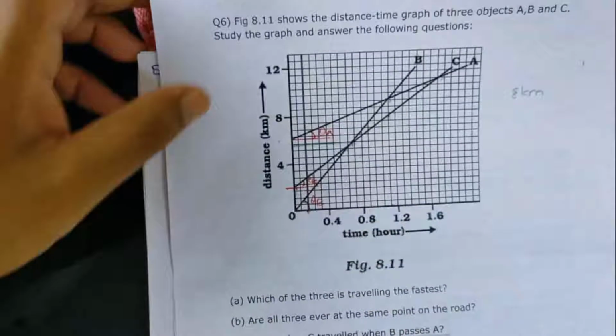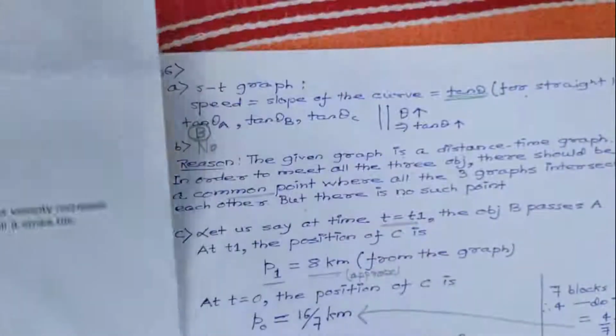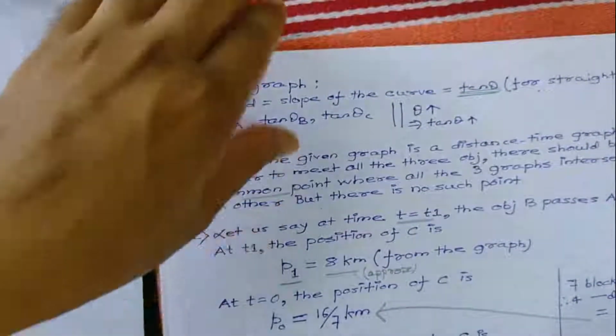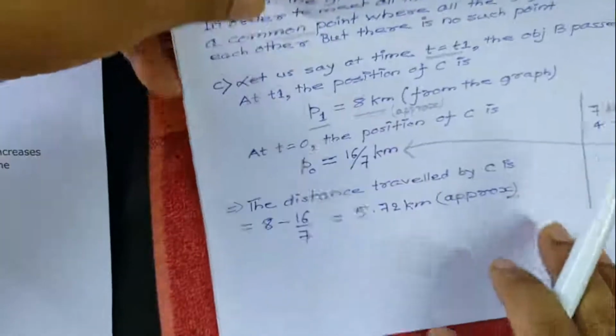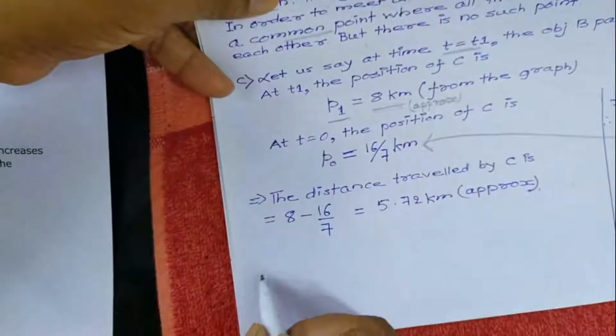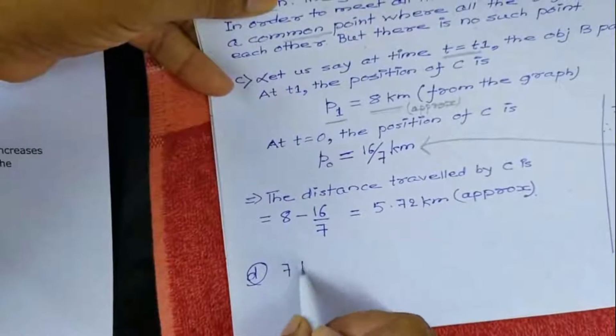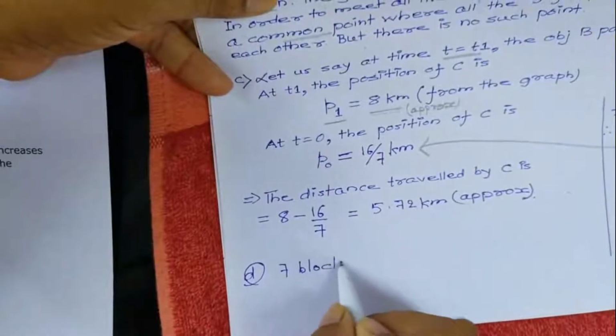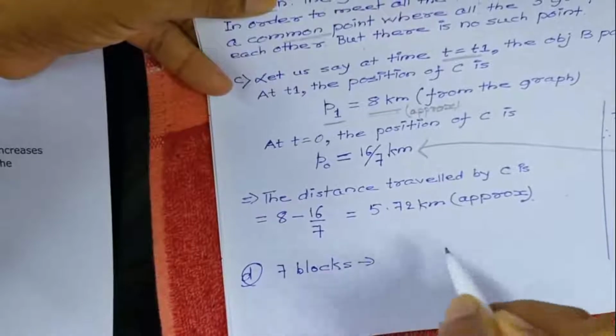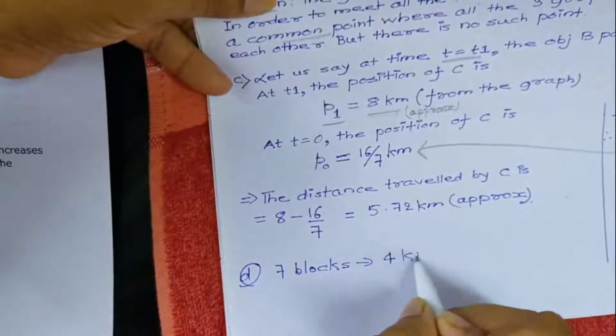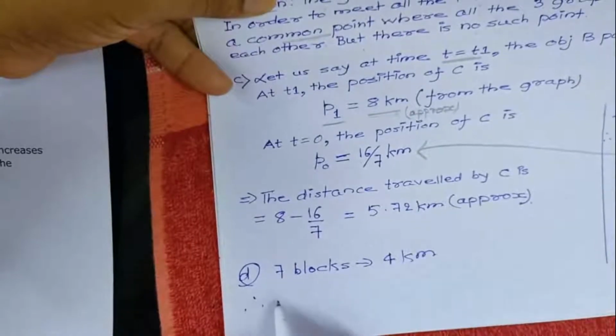So now again we have to do that kind of calculation. In order to get the answer, you need to do one thing. You know 7 blocks corresponds to how much, guys? 4 kilometer. So the same unitary method will apply.